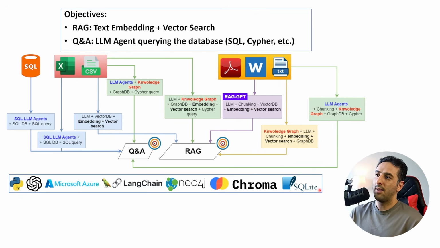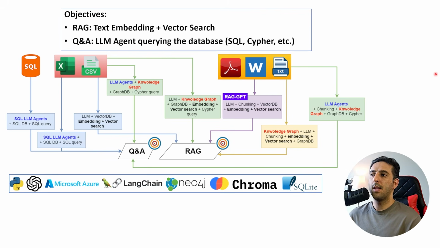But when we use an LLM agent, we are using the exact query that an expert would use to extract the information that we are looking for from the database. So we expect to get much more accurate and precise answers from our database, and we can also ask much more complex questions.